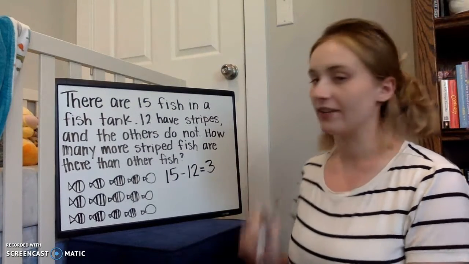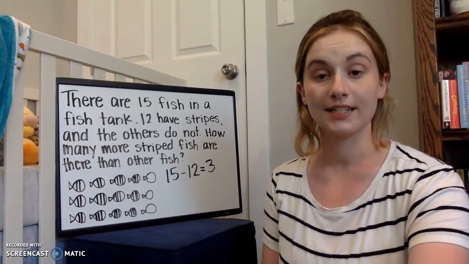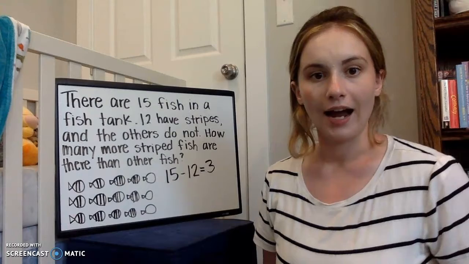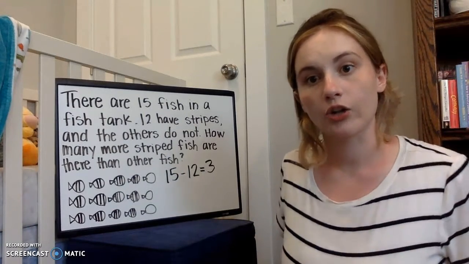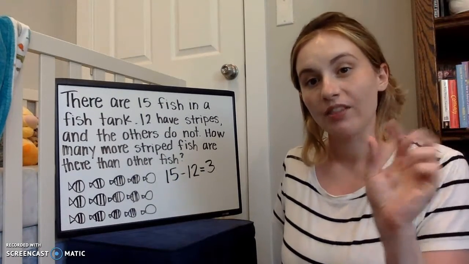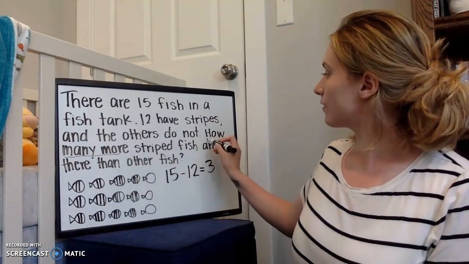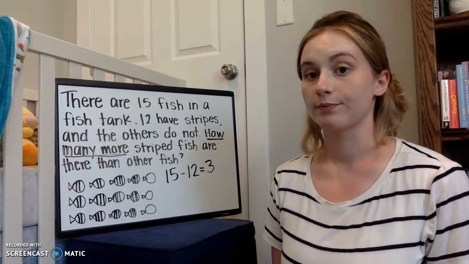So I know that 3 fish don't have any stripes. That's my first step. Now that I know how many fish are not striped, I have to figure out how many more fish are striped. How many more, that key word, tells me that this is subtraction.